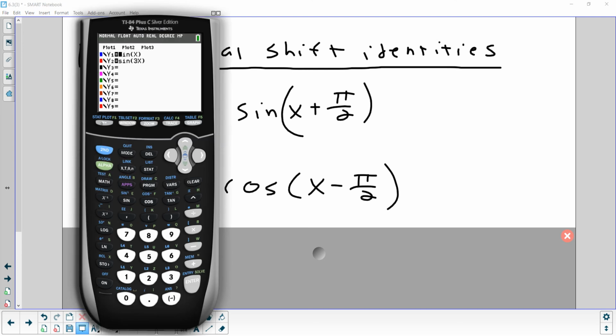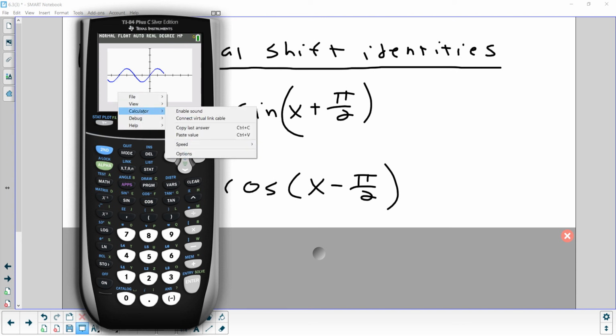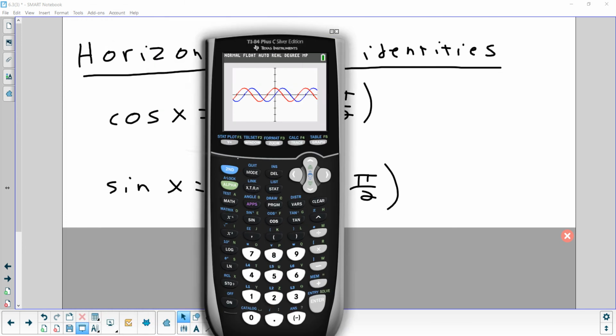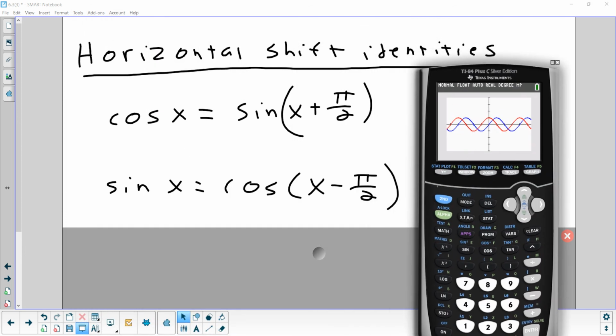So if we graph sine on y1, and then put cosine in y2, we can see that the only difference between the 2 graphs is it looks like they've been shifted left or right. And that's all that sine and cosine really are. They're just phase shifts of each other.